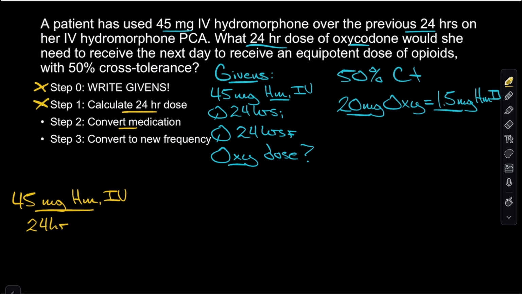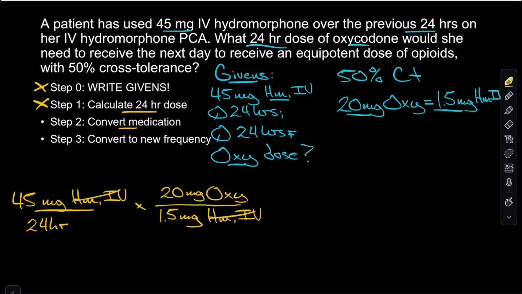Step 1 was given to us, calculating a 24-hour dose. They told us that. Now we're converting our medication, from hydromorphone IV to oxycodone. Conversion is 20 milligrams of oxycodone is equivalent to 1.5 milligrams of hydromorphone IV.